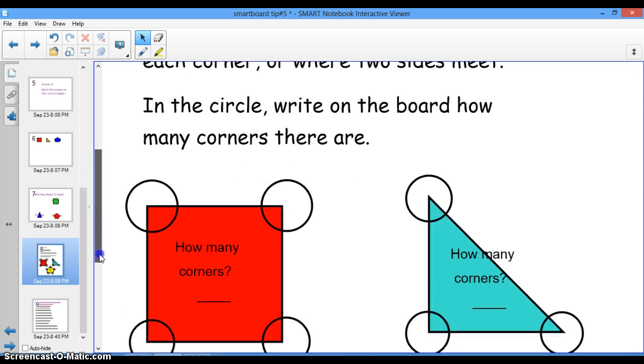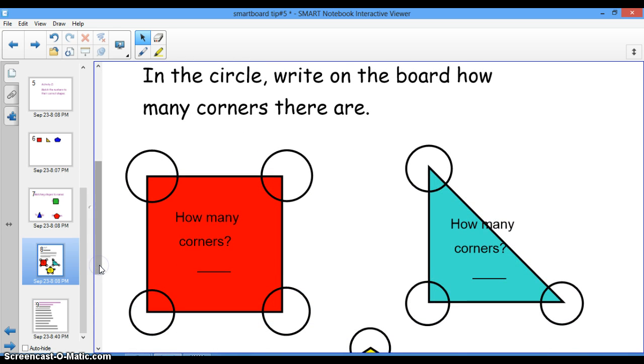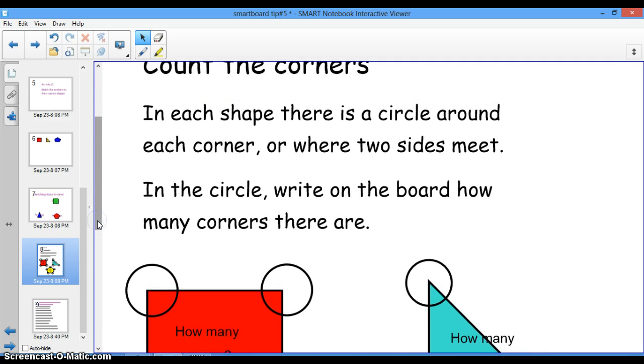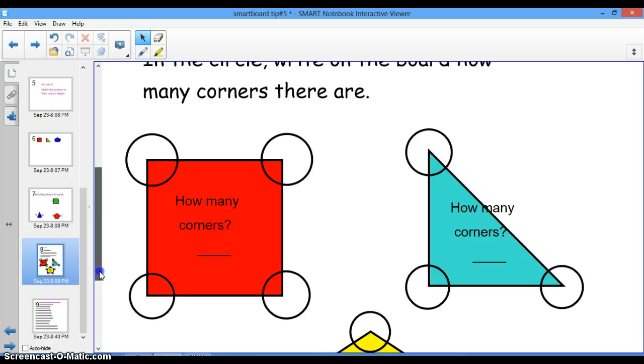And so the instructions are, in each shape there's a circle around each corner where the 2 sides will meet, and in the circle they need to write on the board how many corners there are.